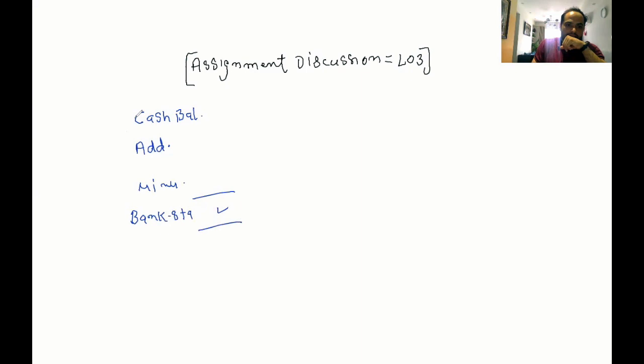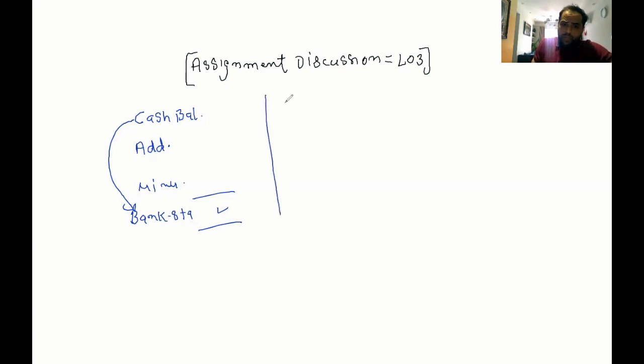So if we start with cash, we reach the bank balance in order to make the balance equal. We know what we have to add and what we have to subtract. It depends upon the situations. Remember one thing.